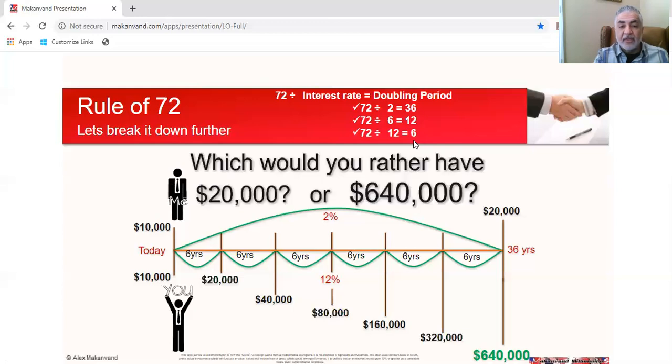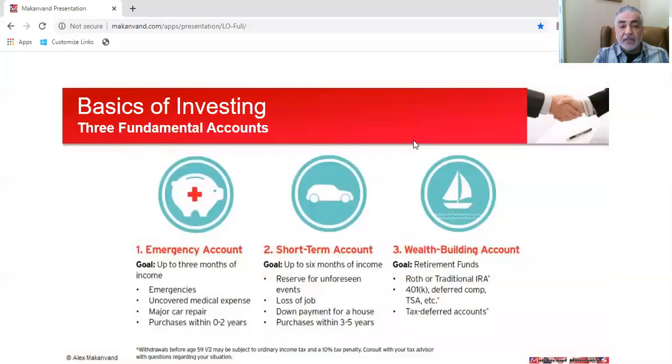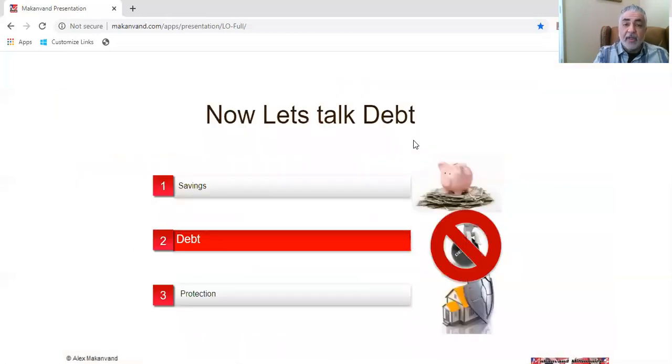Great. All right, so now let's go to our second part, which is eliminating debt. Now, I'm not going to spend a lot of time on this, but I'm just going to tell you this. Our job is to help you guys, John and Mary, to live a debt-free life. What we have found out is that most families are spending the majority of their earnings and their income servicing debt.